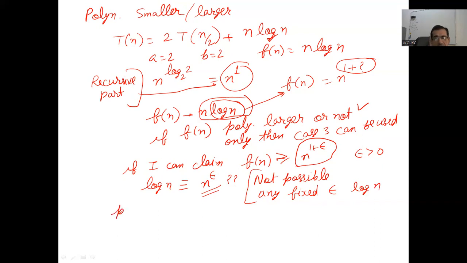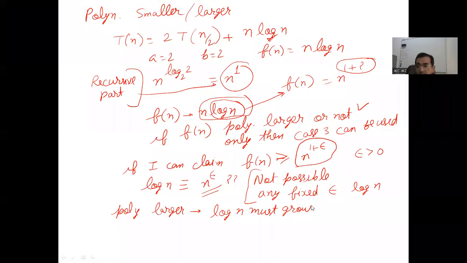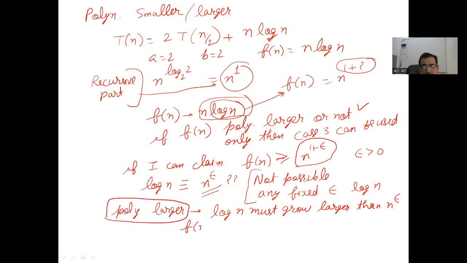So polynomially larger will mean that Fn must grow larger than some n^epsilon. I once again say, what does polynomially larger mean? It means Fn divided by n^(log_b a) must be a polynomial.